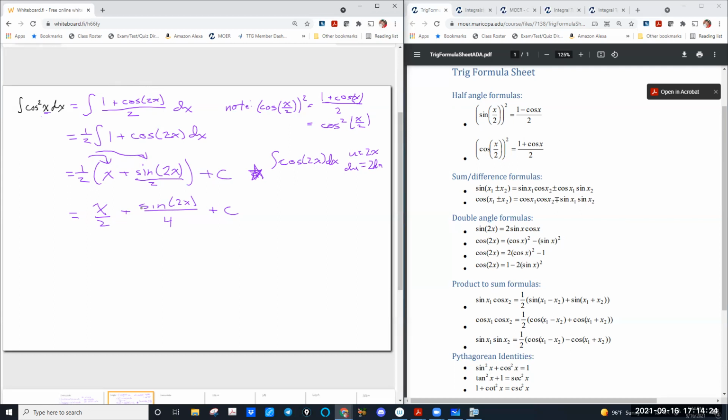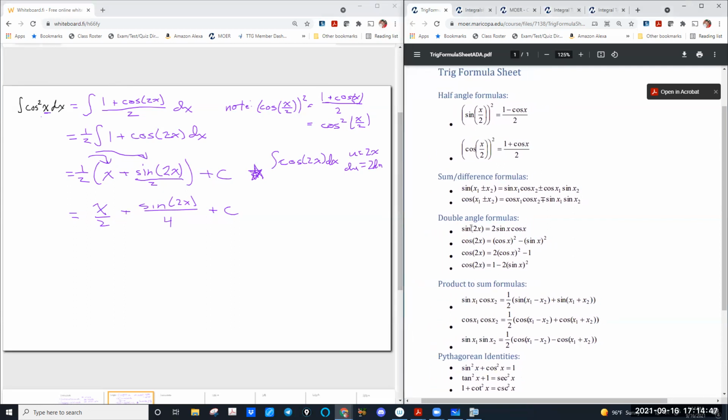Now, one thing I want to mention: this answer is in terms of 2x because of the substitution we made. If you want to get everything back in terms of x, you can. You just use a double angle identity. I'm not requiring that, but I want to let you know that you can. So we use this double angle identity right here, that sine of 2x is equal to 2 sine x cosine x.